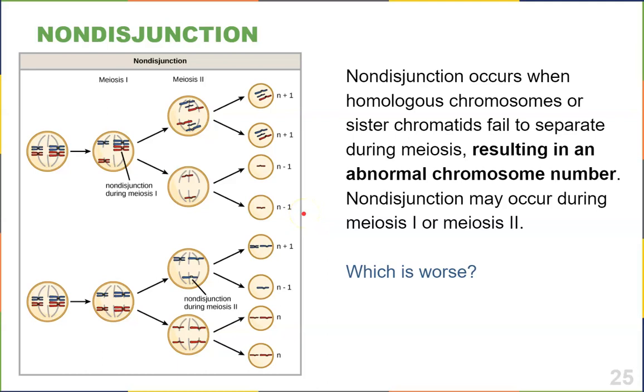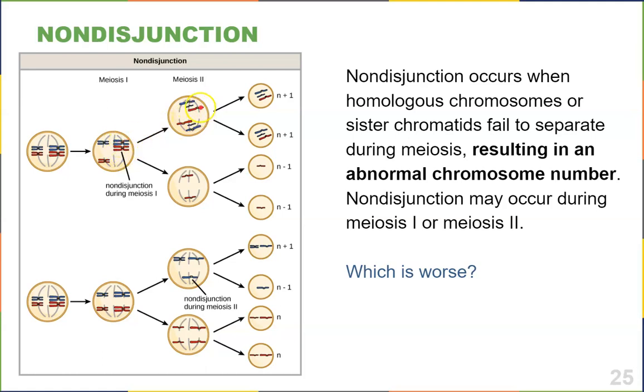Okay, so how can something like trisomy 21 or monosomy on the sex chromosomes happen? It happens through nondisjunction, and there's two places it can occur during meiosis. The first location nondisjunction can occur is during meiosis 1. The spindles did not attach to homologous paired chromosomes, and so a total homologous pair gets pulled to one side.